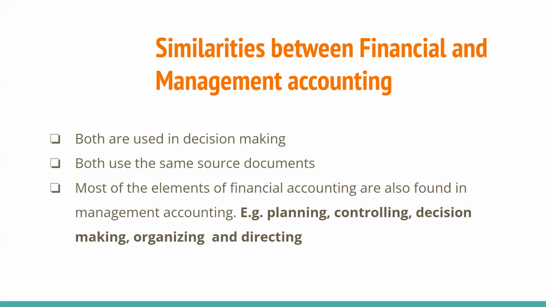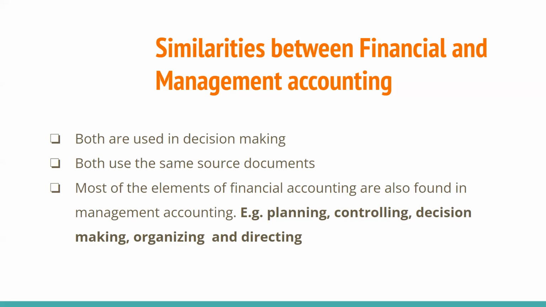Now, there are similarities between financial and management accounting. They're both used for decision making. The stakeholders that look at these two different types of accounting are using this information to make more informed decisions. They're both going to use the same source documents.